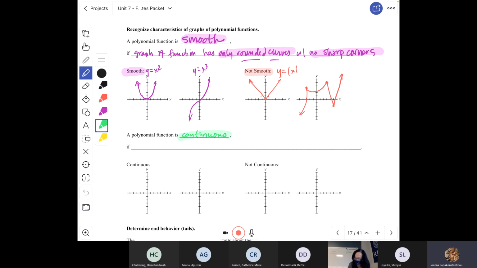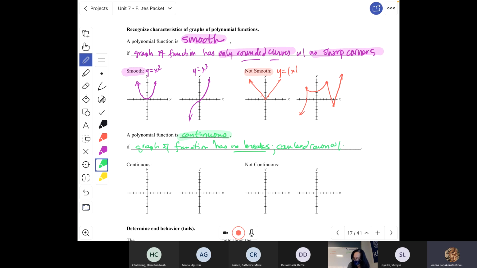That's a math term. If the graph of the function has no breaks, so it can be drawn without lifting your pencil.